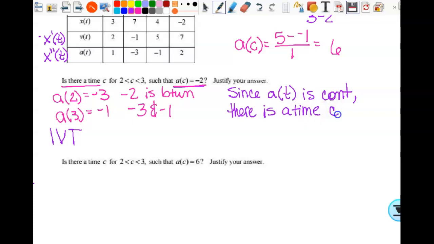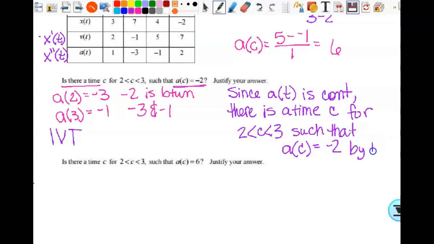The question. C in 2 to 3 such that A of c equals -2 by IVT. Or I could have said that IVT guarantees that blah, blah, blah.